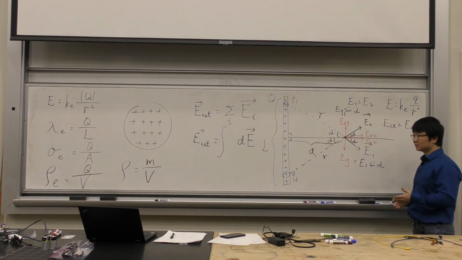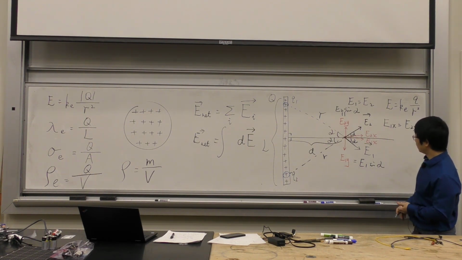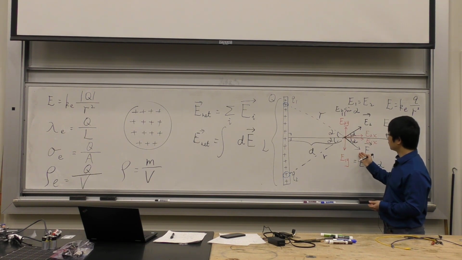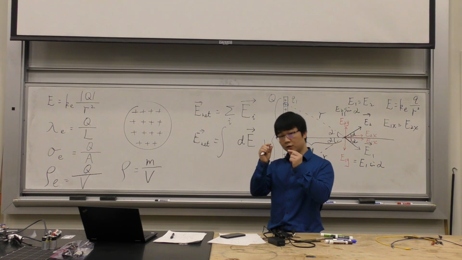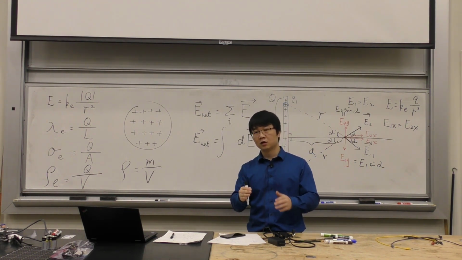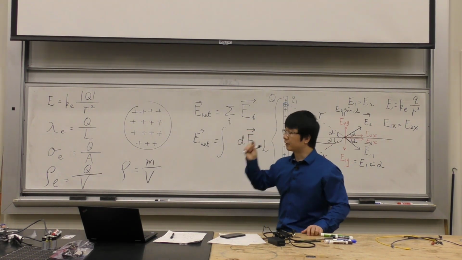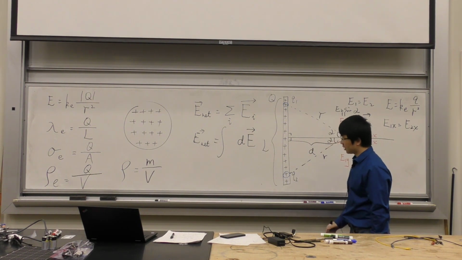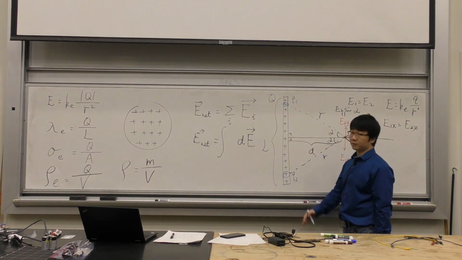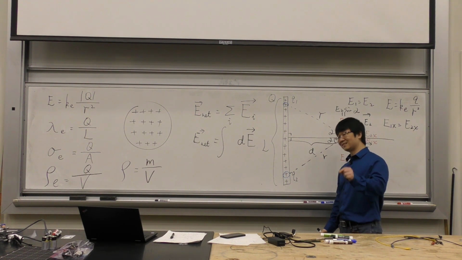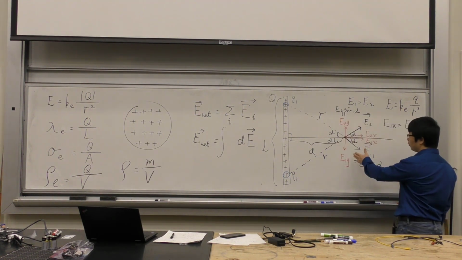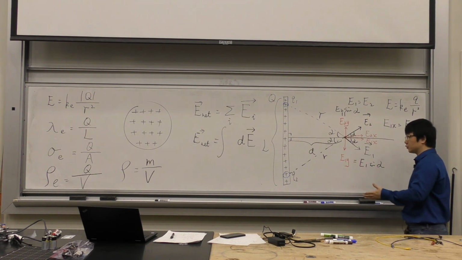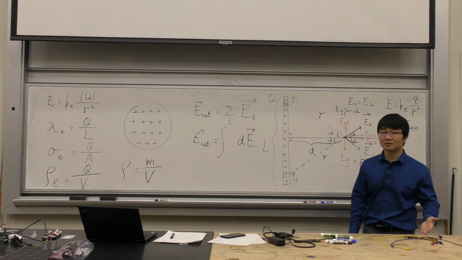But anyway, the idea is this. From the symmetry of this problem, for any electric field I draw from an arbitrary infinitesimal charge on the top half, I can always find another infinitesimal charge on the bottom half, which has the same distance to the center of the rod, so that the Y components of these 2 electric fields cancel out exactly, right?